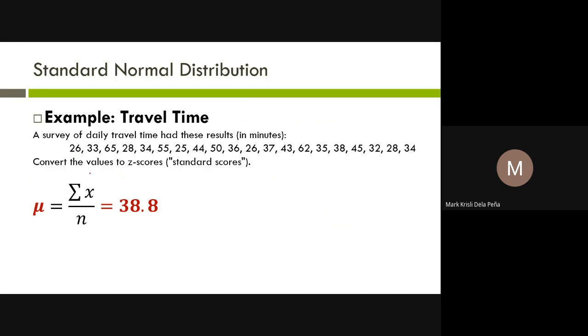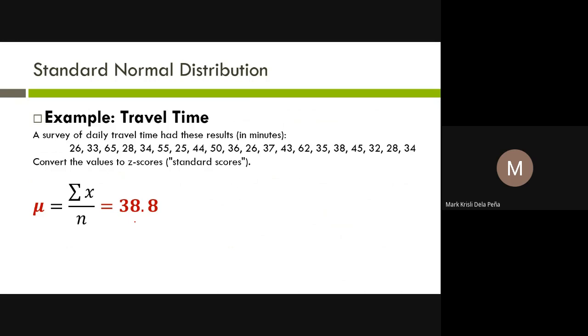So again, the mean is equal to the summation of all your x's divided by n, the number of the x's, and that is equal to 38.8. Kindly check if you arrive at the same answer. Next, calculate the sigma or the standard deviation.